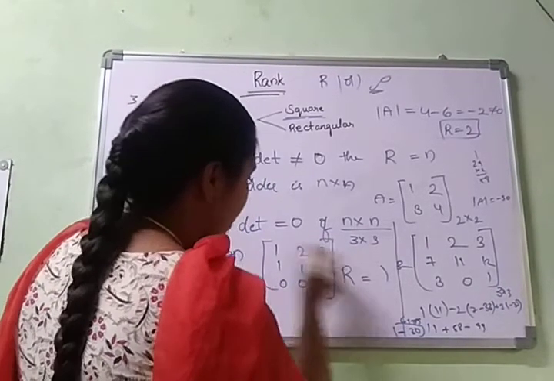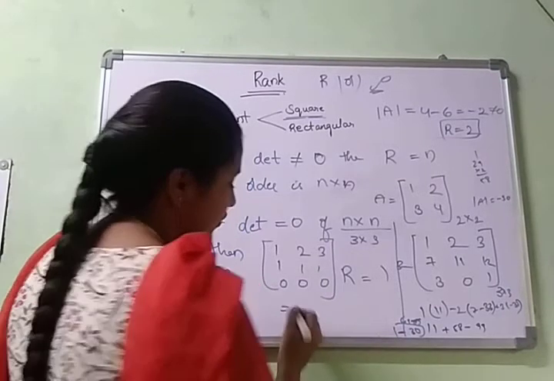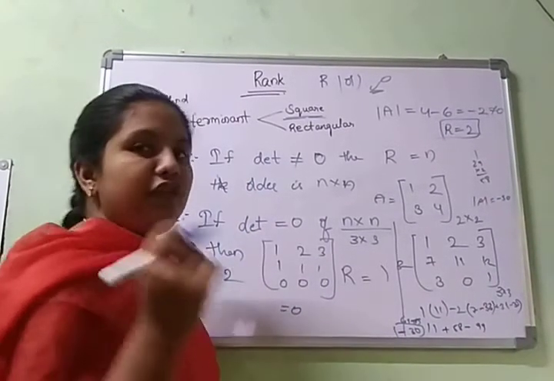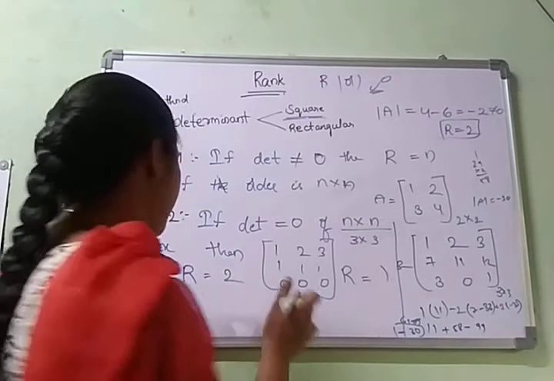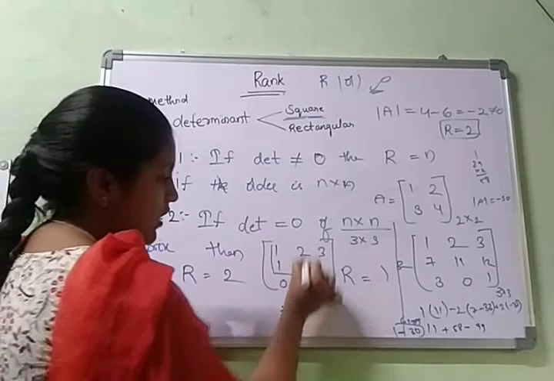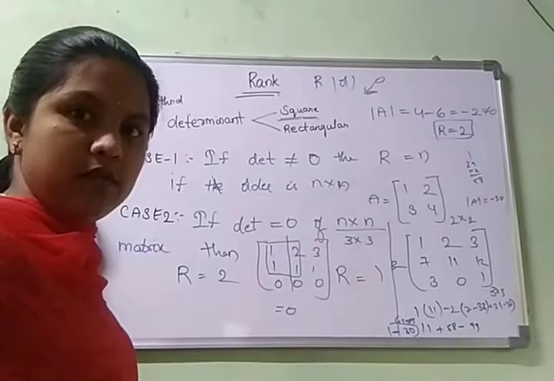Find it, you'll get 0. Here, if the determinant is equal to 0, we need to find the determinants of the submatrices. This is a submatrix of a 2 by 2 matrix.